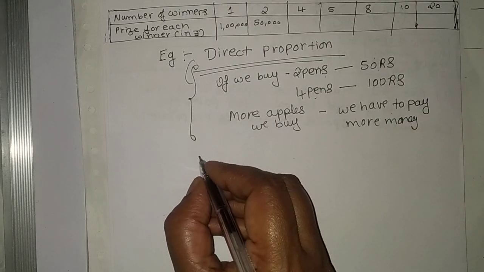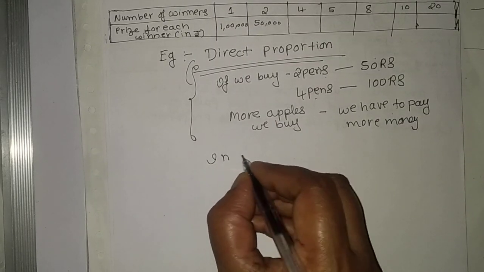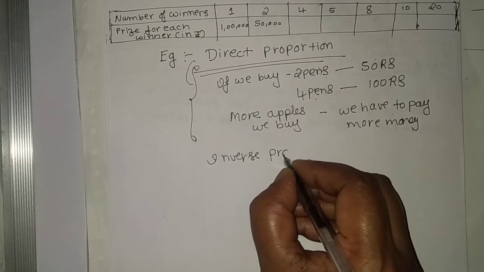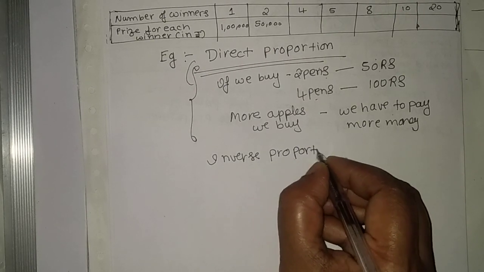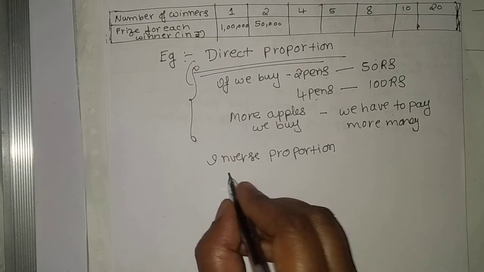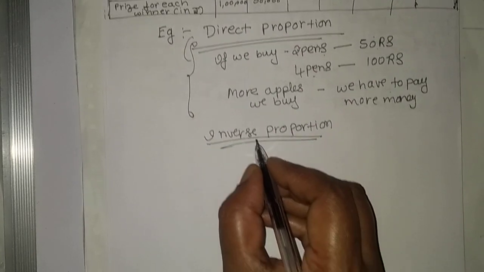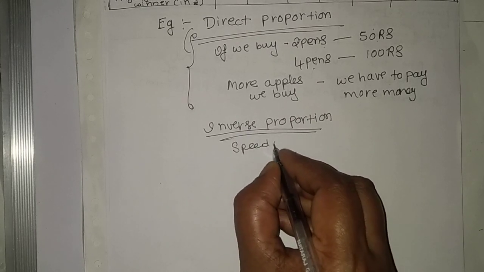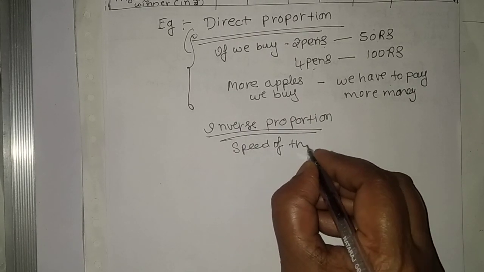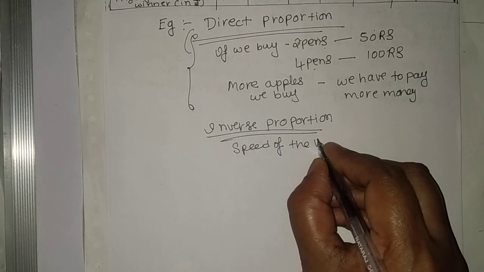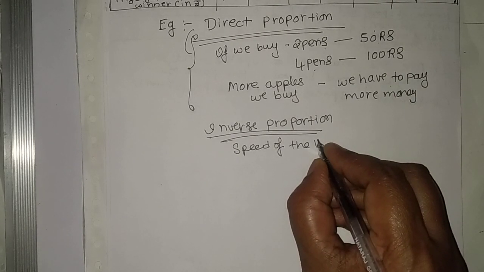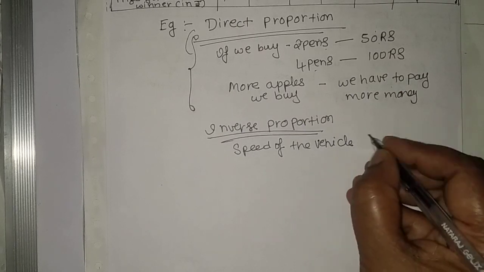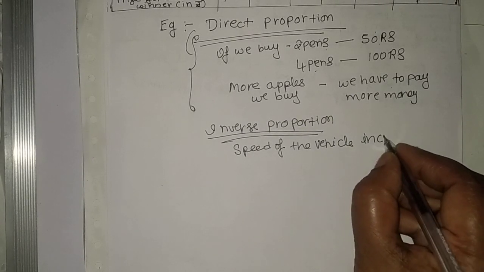So inverse proportion means, the speed of the vehicle increases.